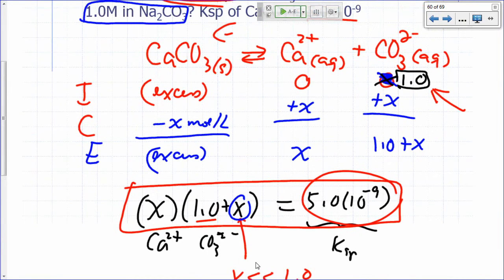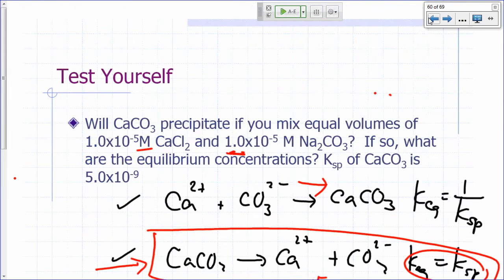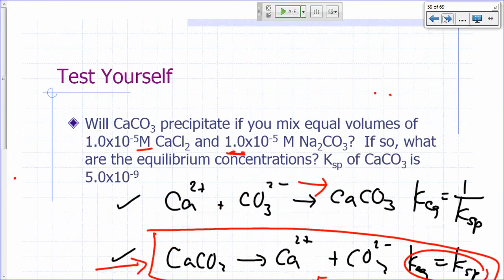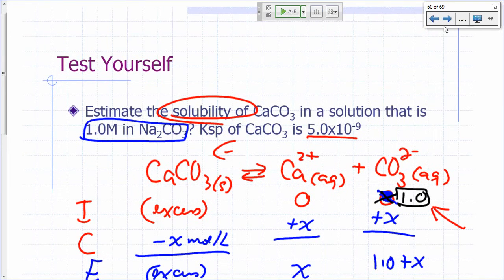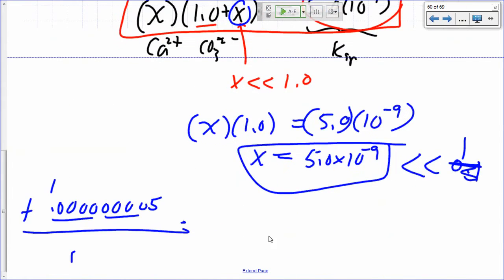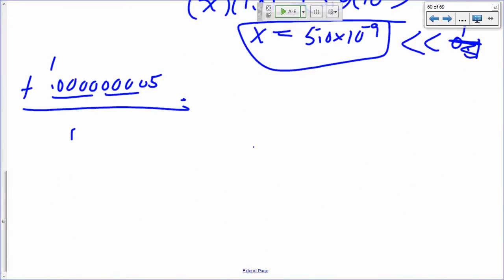Now, you might get a bigger one if there wasn't that 1 right there. What would you get if the 1 wasn't there? Did we calculate the solubility earlier? We did not. Okay, so let's calculate it without the sodium carbonate. What would it have been if you didn't have sodium carbonate? You would have said x squared equals 5.0 times 10 to the negative 9, right?